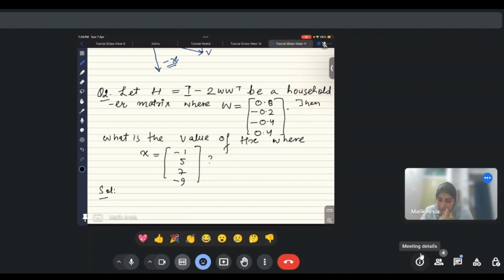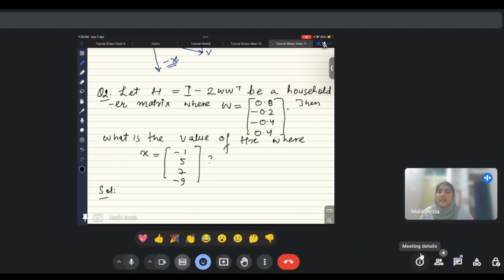Anyone got the answer? The Householder matrix is 0.28, something like that.